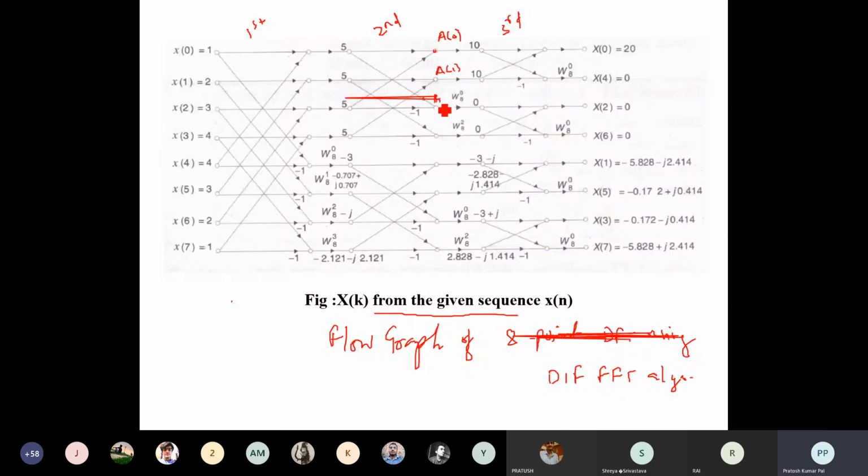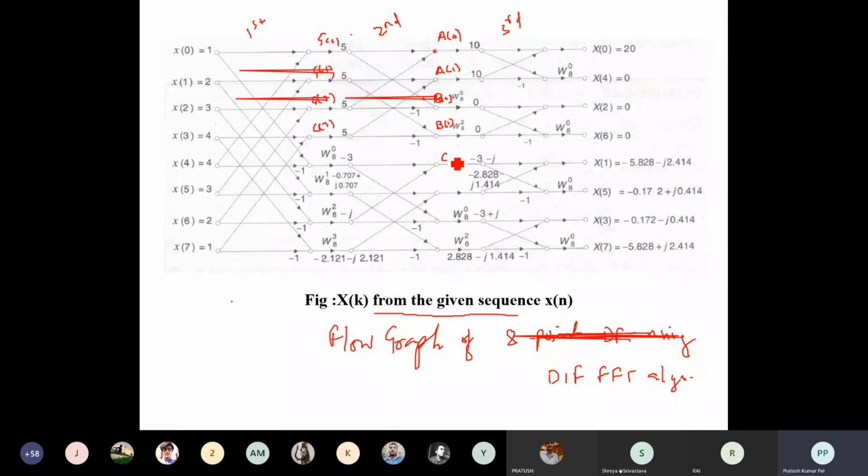Here it is, sorry, B0 and B1. To find A0 and A1, we will be adding G0, G1, G2, G3. So these values will be considered to get A0, A1, B0 and B1.